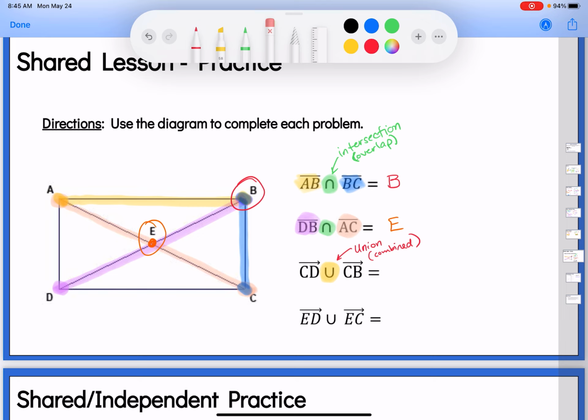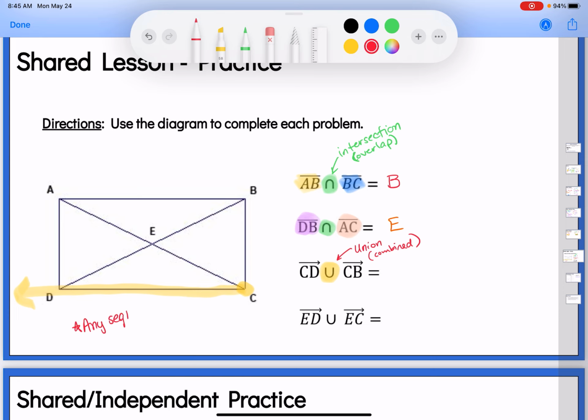Now I'm going to just get rid of all my color here because it'll get really complicated, right? But when I'm combining them, let's see, ray CD, endpoint at C, going on forever past D. Now, I know the picture doesn't show that, but you can always extend. Any segment can always be extended in any direction into a line.